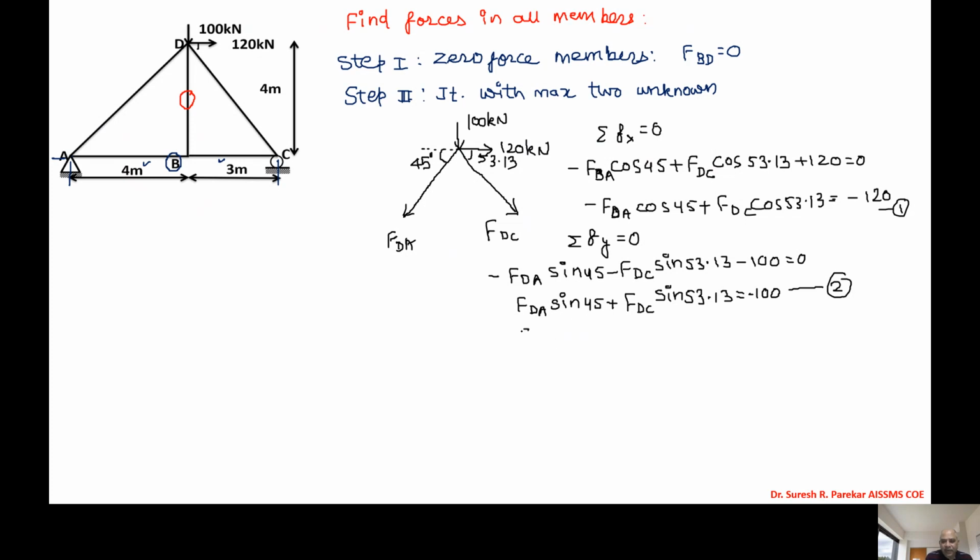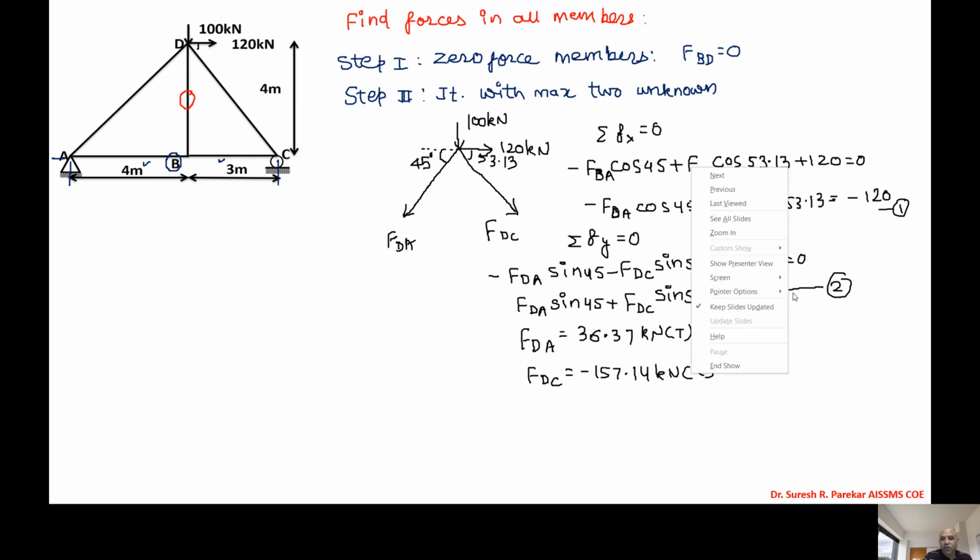FDA we get as 36.37 kilonewton, plus, so tensile, and FDC we get as minus 157.14 kilonewton, minus means compression.